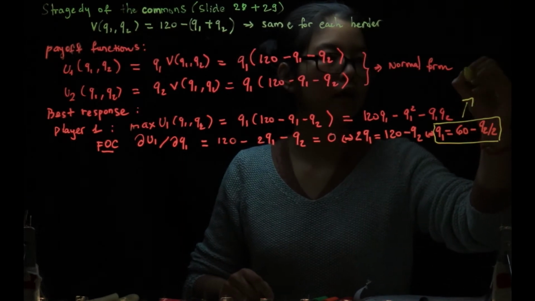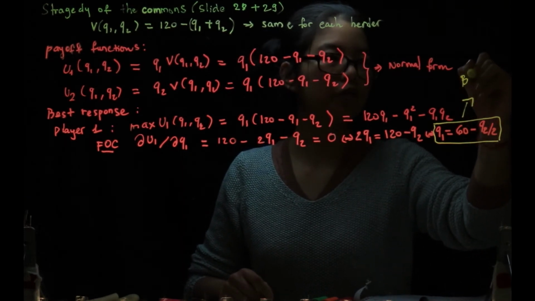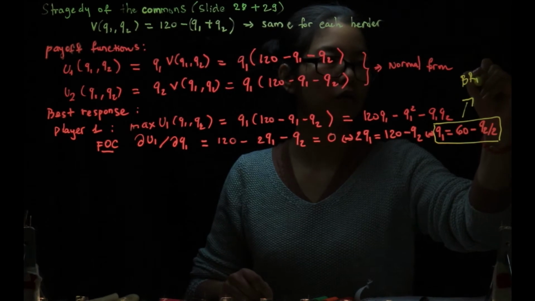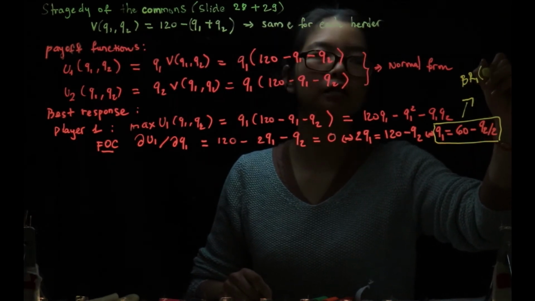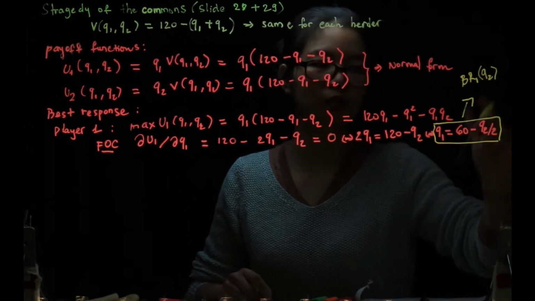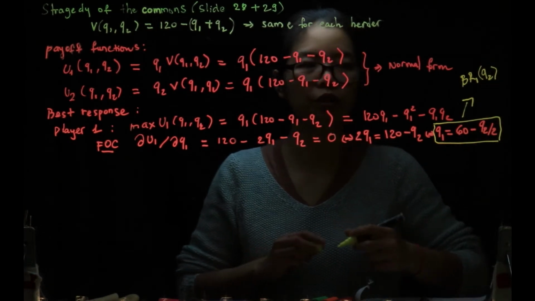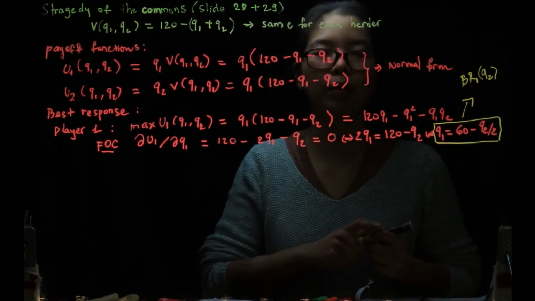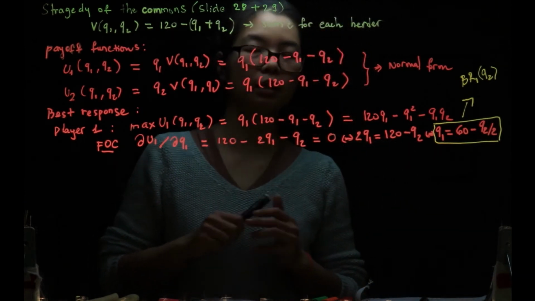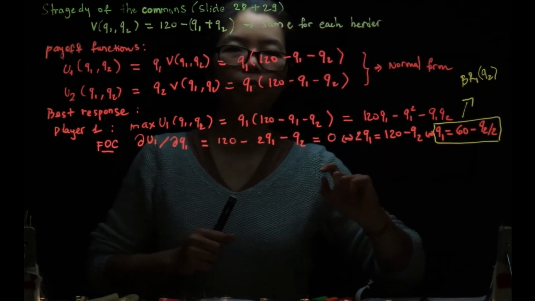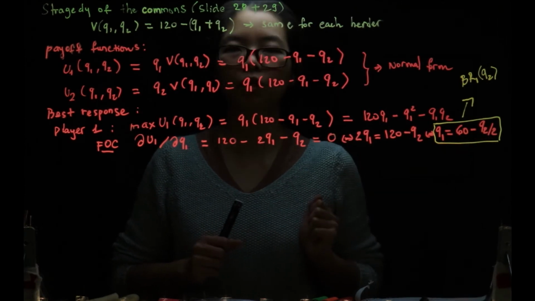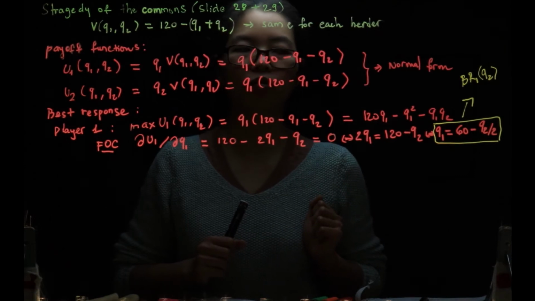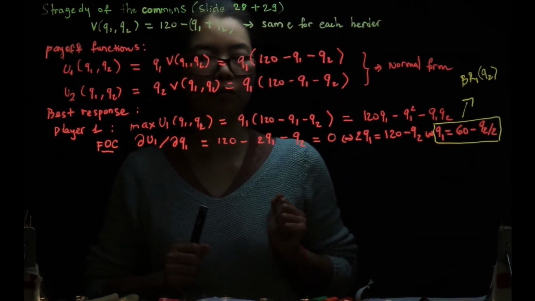It is the best response function of herder 1 as a function of q2, because now you only have q2 inside there. Remember what we did with the battle of the sexes. At the end, when you have best response, you also have the strategy or the action of the other inside that best response function, right?